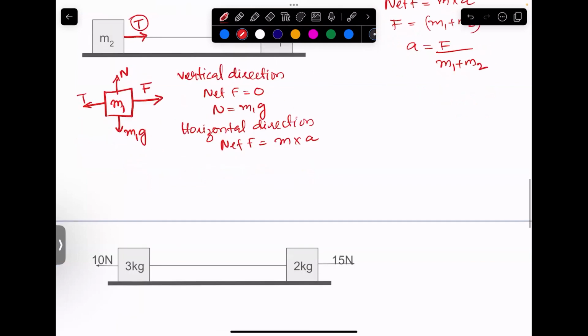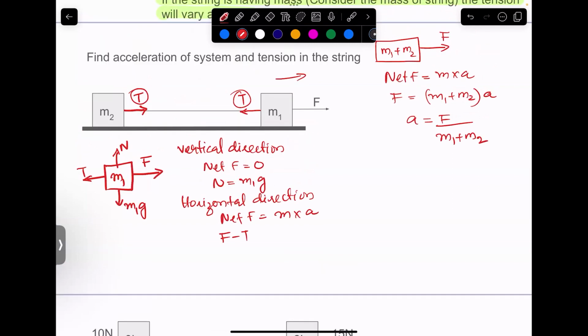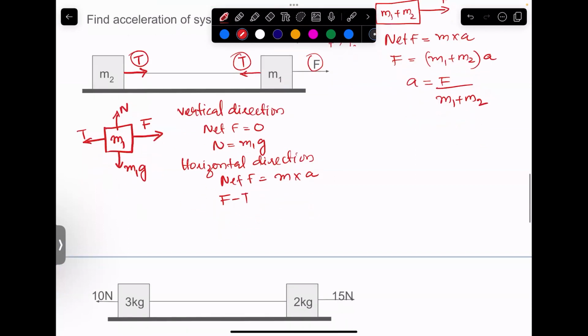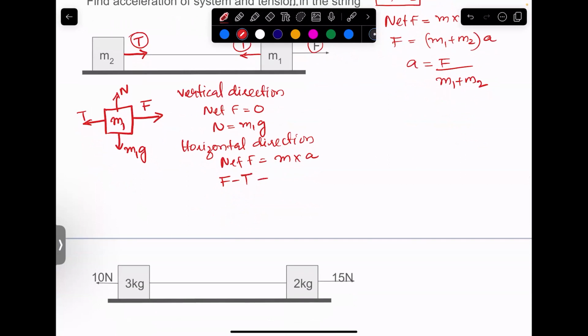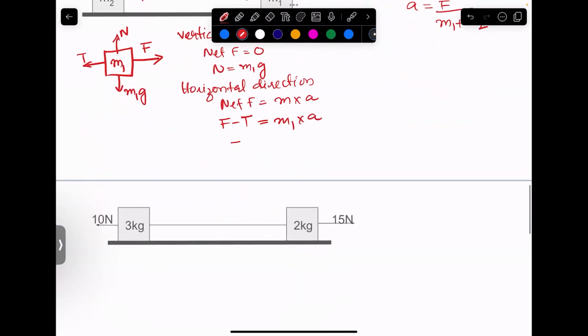Net force here is F minus T, because if we assume the system is going along the F direction, that means F is larger than T. So that is why we are taking F minus T, and that is equal to M1 times A. Now T equals F minus M1 times A. What is A? F minus F by M1 plus M2 times M1.